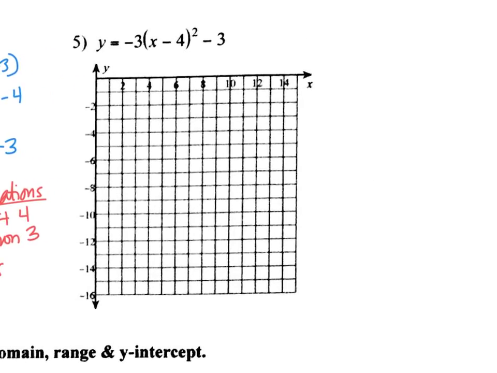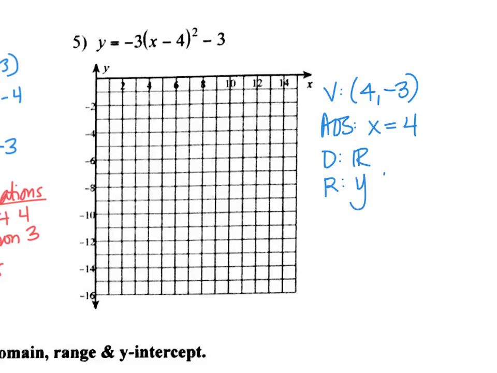All right, question 5. So we'll do the same thing. We'll do vertex first. So vertex is 4, -3. Inside's opposite, outside's the same. Axis of symmetry comes from the x part of the vertex, so x equals 4. What are my other things? Domain, all real numbers.